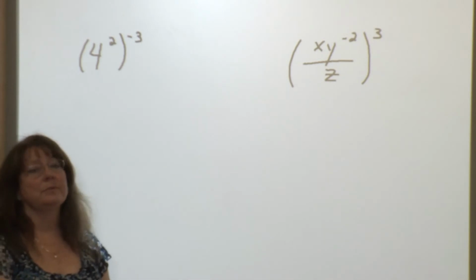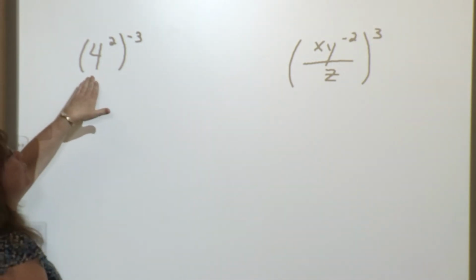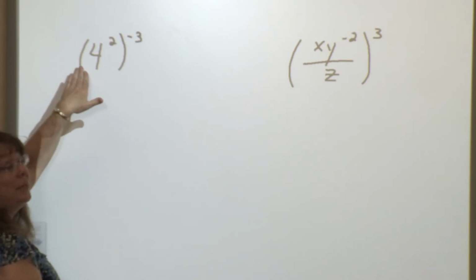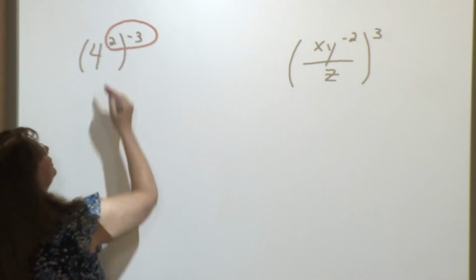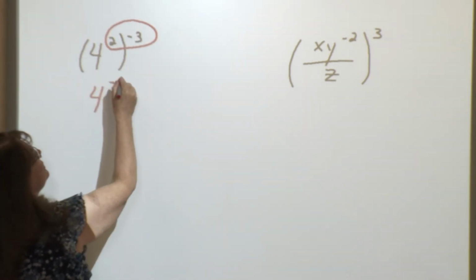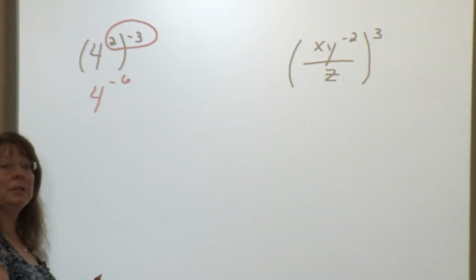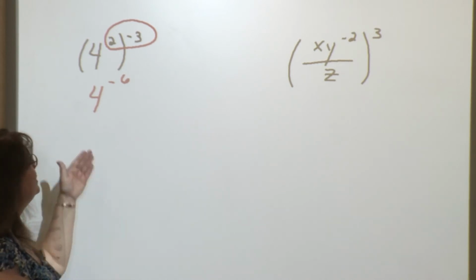Here's our last examples. We have a base, and it's the 4. There isn't even a variable in this expression. I still am going to use the power to a power and multiply my exponents. So I'll have 4 to the negative 6 power. Now you're not going to want to leave that negative exponent. It's going to need to be positive, so I'm going to want to put it in the denominator.